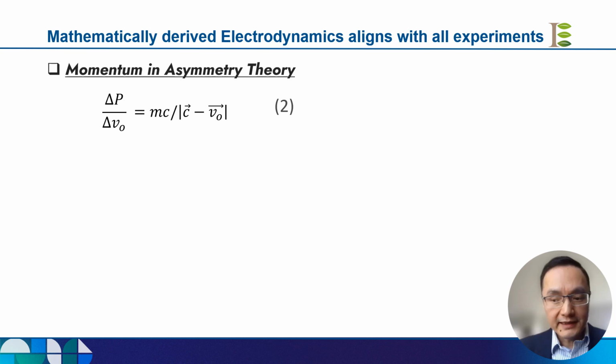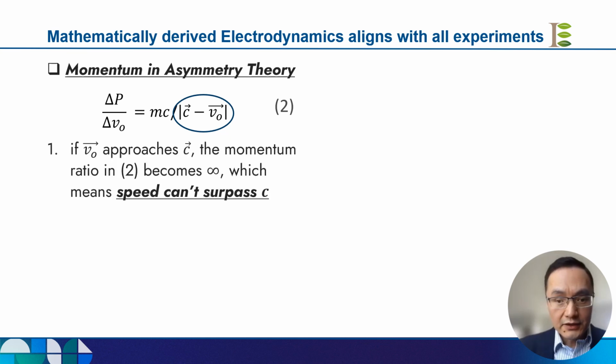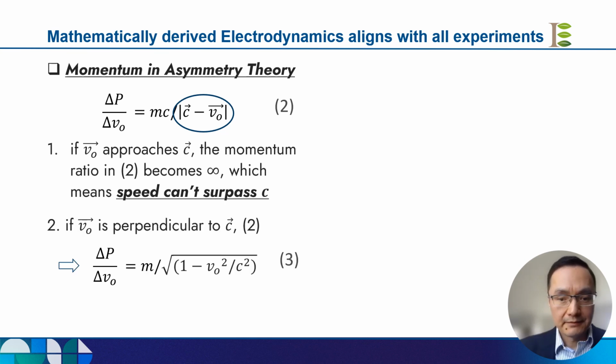VO is the velocity of the particle. It's very important to see that the ratio of momentum to speed change actually depends on the direction of the velocity of the particle. In the case VO approaches the light speed, the momentum ratio becomes infinite, which means the speed can't surpass the light speed.